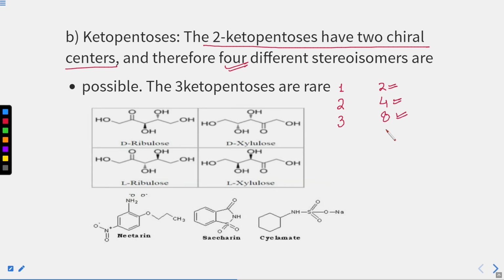So in the case of aldopentoses, these 3 chiral atoms are there, so 8 stereoisomers are possible. But in the case of ketopentoses, there are 2 chiral centers and therefore 4 different stereoisomers are possible. The 3 ketopentoses are rare, that is the nectarine, saccharine and cyclamate. So this we have already discussed in the first lecture, right?